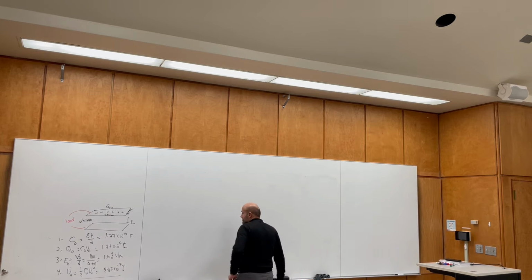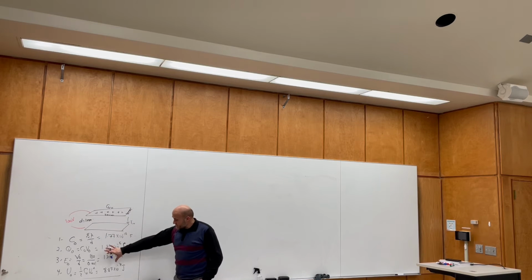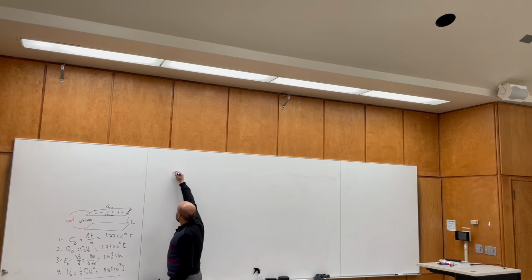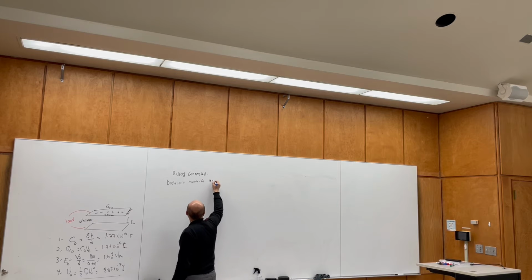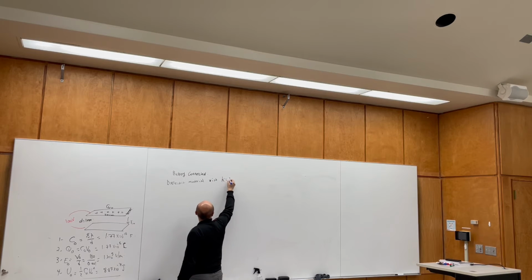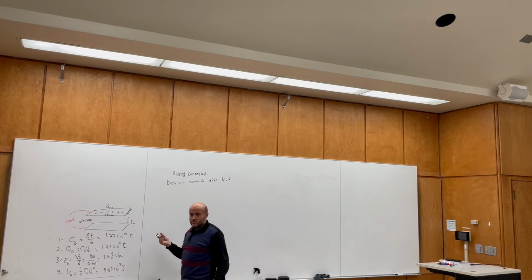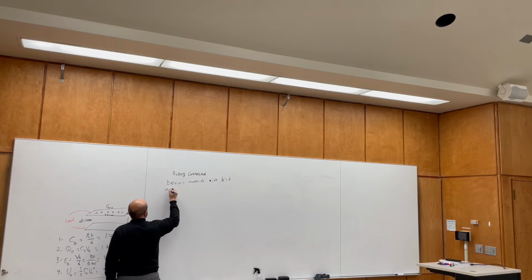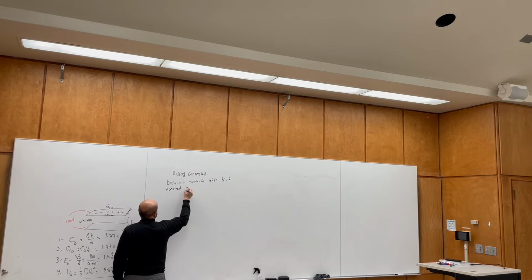So the first thing we are going to do for this system, with the battery connected, is insert a dielectric material where K equals 2, like a wood, between the two plates.